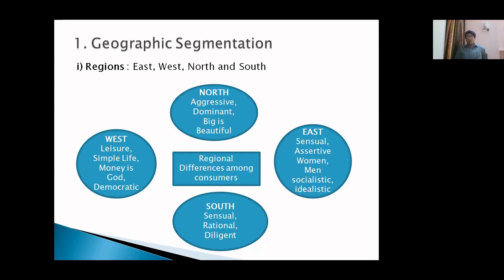So accordingly, the type of customer demand, the company will be supplying those kinds of products. If big screens are preferred in North India, you will be finding mobile handsets with a bigger screen in North India.